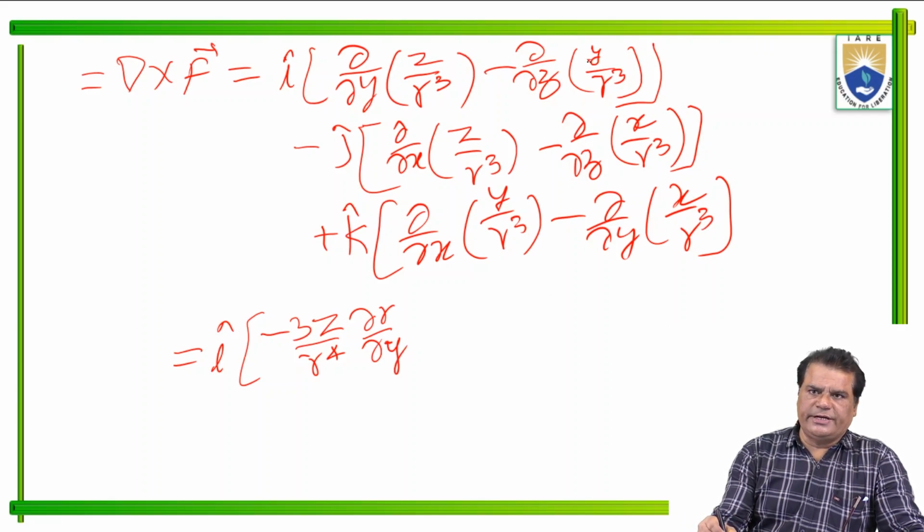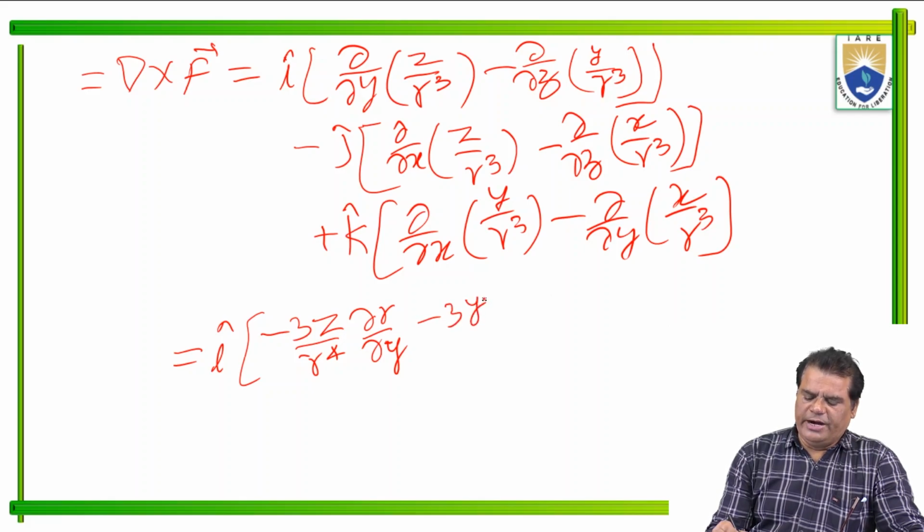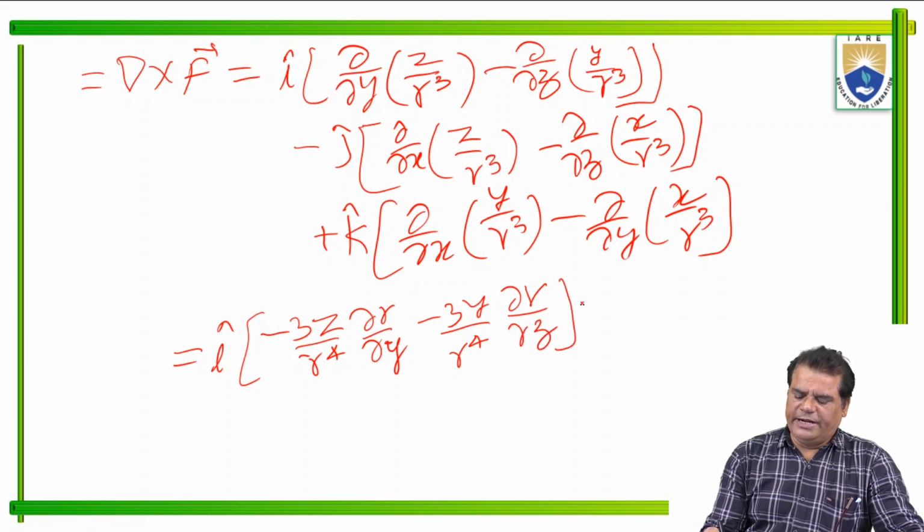Similarly here y is constant, differentiating with respect to z of r cube. So here is minus 3y upon r to the power 4 dou r over dou z, and minus j.